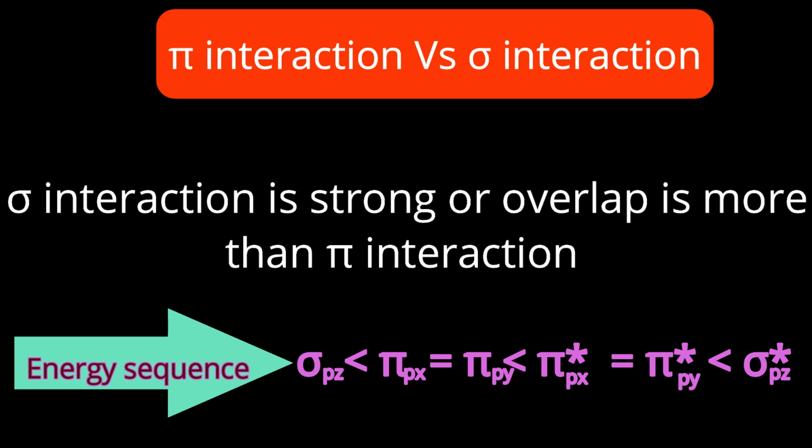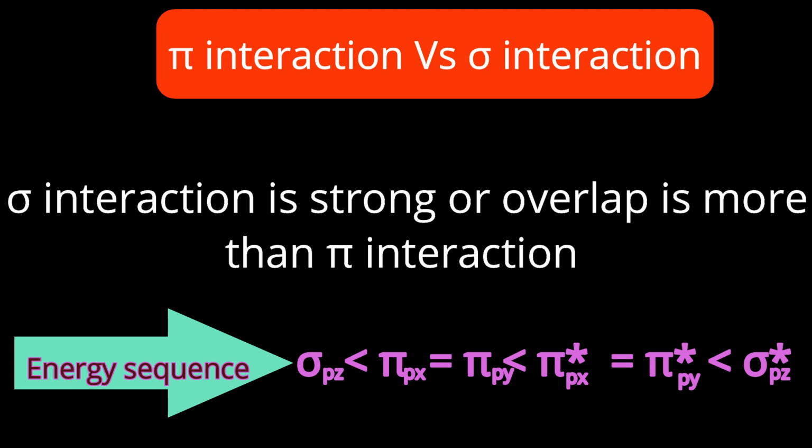If I recap, we understood the pz-pz interaction is a sigma interaction to produce one bonding, one antibonding. Similarly, px-px is a pi interaction to produce one bonding, one antibonding. Accordingly, the py orbital produces one bonding and one antibonding molecular orbital. The extent of interaction of px and py is the same.